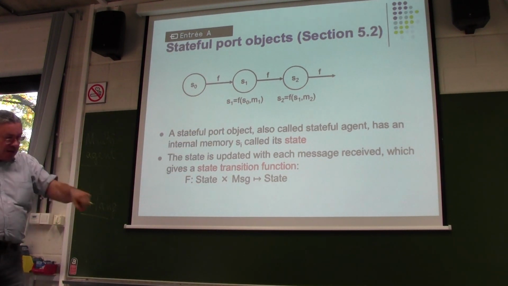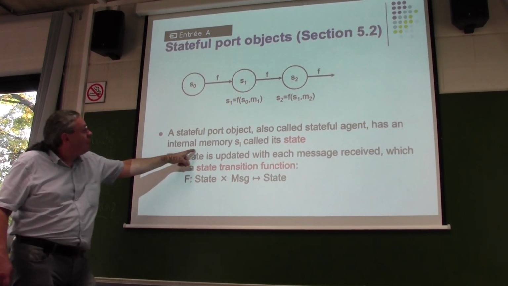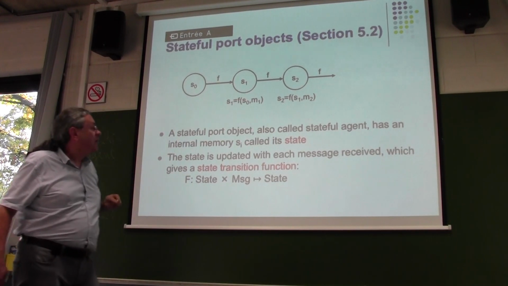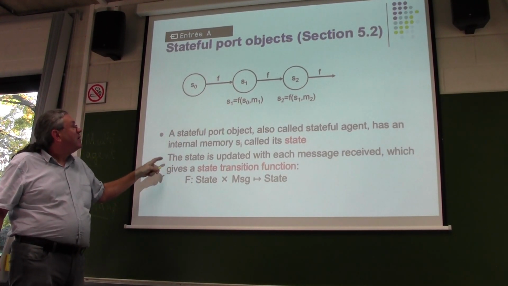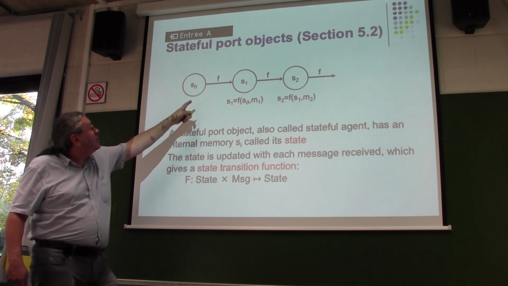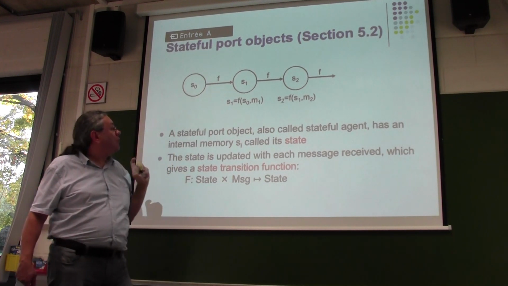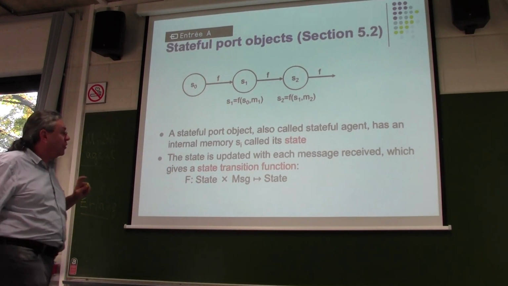So each time you send a message, it will change state. It has an internal memory, S0, called the state. And each time you send a message to this object, it will go to a new state, and there is a function that defines how the object works, called the state transition function. So that's semantically how it works.